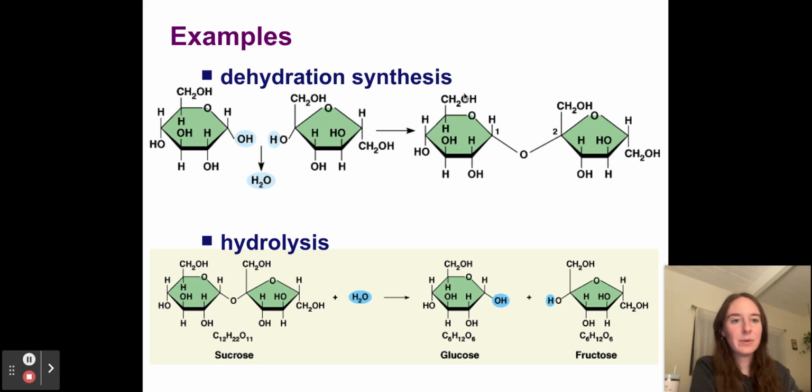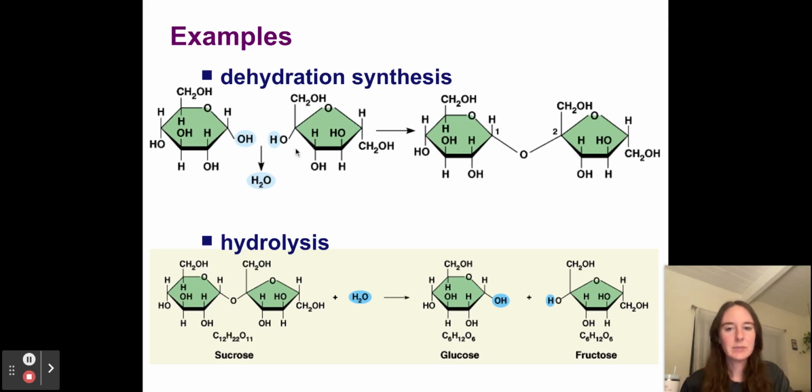Now, an example, connecting this to the real world. When plant cells are capturing energy from the sun and creating glucose, right? They take that glucose molecule and put multiple glucose molecules together, or sometimes even another similar form of sugar called fructose. So they bond a glucose and a fructose molecule together to form longer chains, and these chains can now be stored and used in other places in the cell.